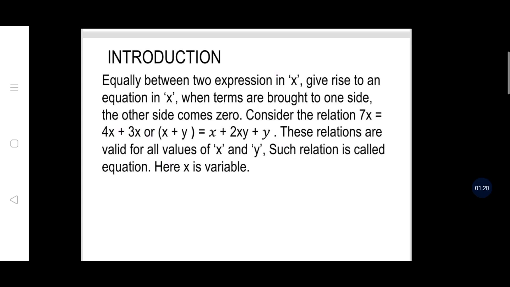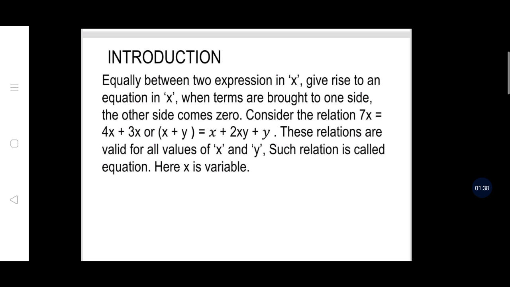Introduction of equation. Equality between two expressions in x gives rise to an equation in x when terms are brought to one side and the other side becomes 0.